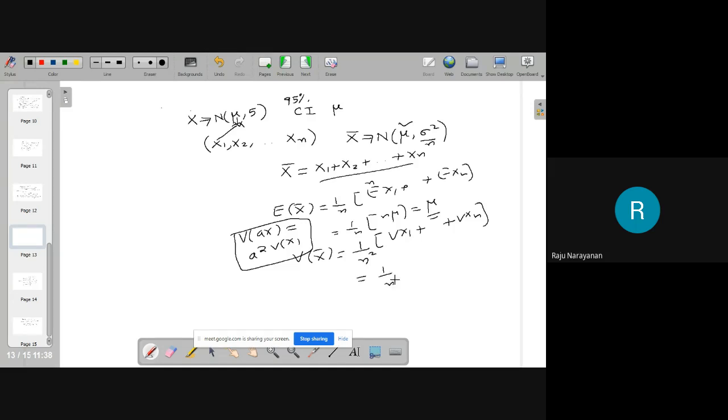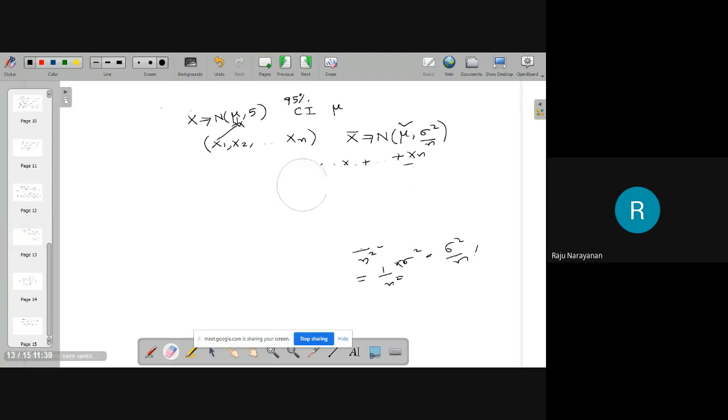That is 1 by n square into sigma square n times, that is n sigma square. Therefore, you can cancel n, giving sigma square by n. That is how you are getting this result. Don't worry about the derivation. You are just applied statisticians, so you just need to know how to apply the result.